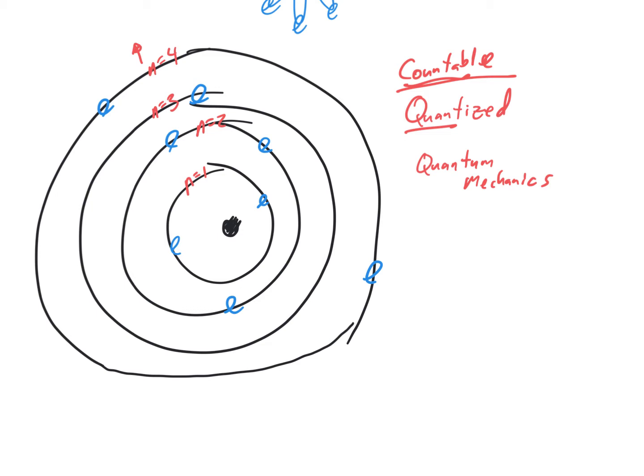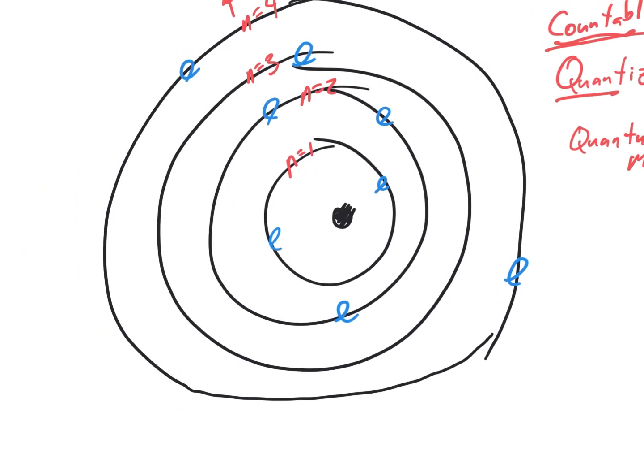It's that we have countable energy levels, distinct energy levels, so that if an electron was going to try to be there, it couldn't. It can't be between energy levels. It has to be at the energy level.